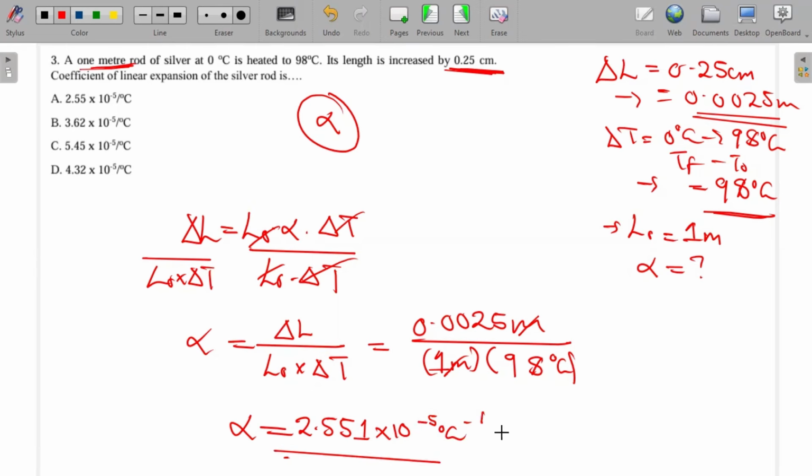So this is the coefficient of linear expansion. If I check my options, I'm sure you can agree with me that the closest option to the answer that we've calculated is option A, 2.55 times 10 to the power minus 5 per degree Celsius. That is question 3.